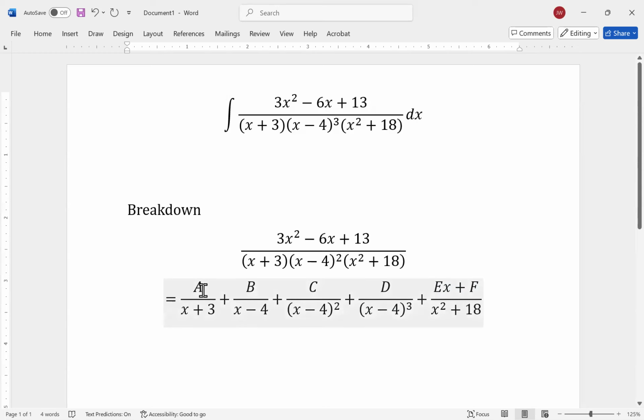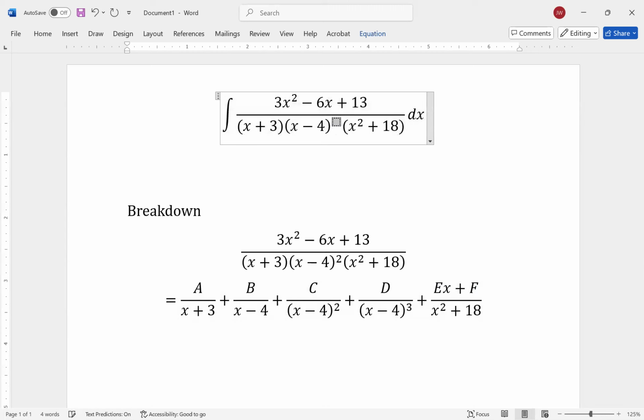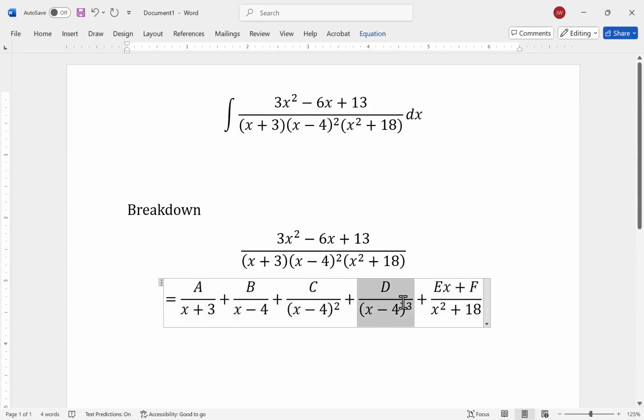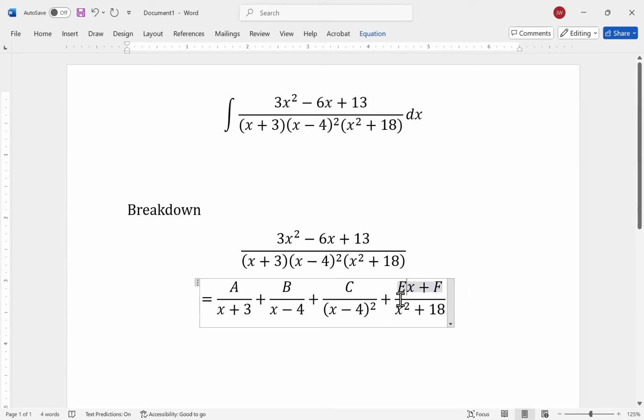You could have swapped any of these letters. I just added 2 there, so I'll leave what I have. Again, it'd take a long time to set up all of our equations. We'd have an equation for an x to the fourth, an equation for an x to the third, an equation for an x squared, an equation for an x, an equation for a constant, and then we'd have to solve them all.